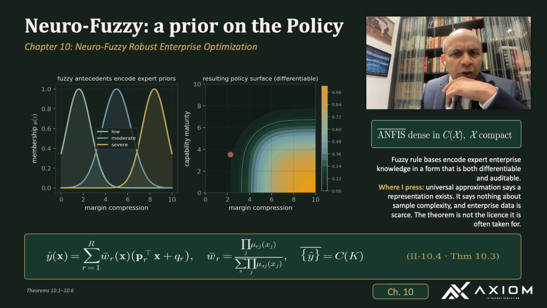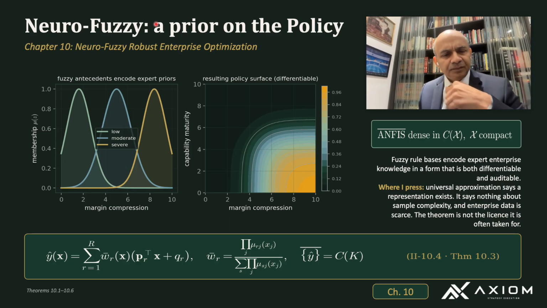The right panel shows the resulting ANFIS policy surface as a function of margin compression and capability maturity. Because the fuzzy rules are blended continuously, the recommended policy changes smoothly rather than jumping abruptly at arbitrary thresholds.